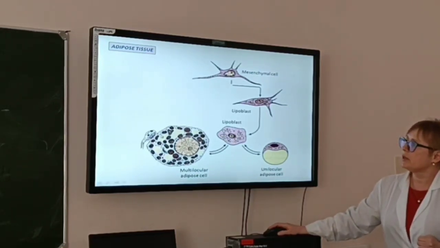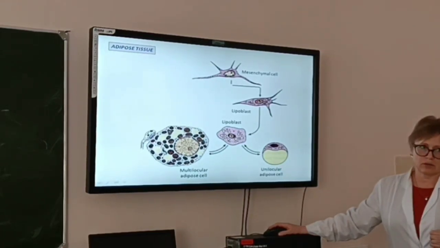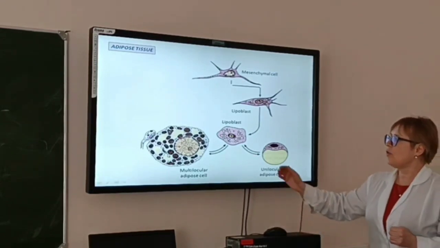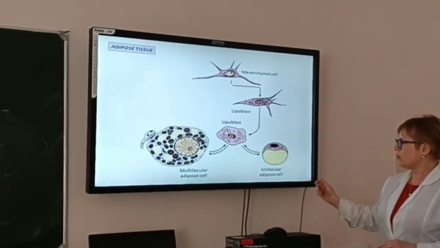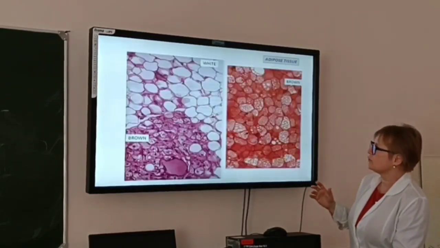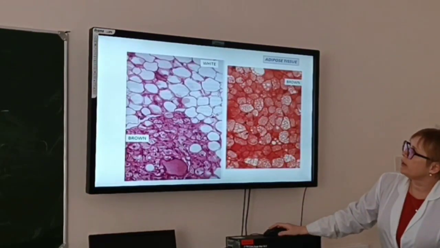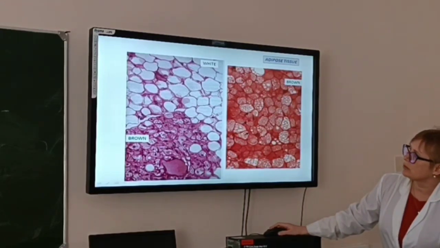Another type, where we can see several droplets of fat, is brown adipose tissue, or multilocular because of a lot of droplets, or unilocular because of one droplet of fat. Let's compare white, one droplet of fat, and brown, a lot of droplets.